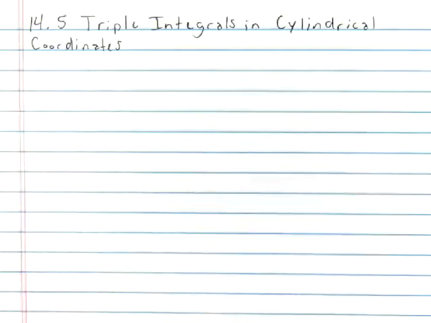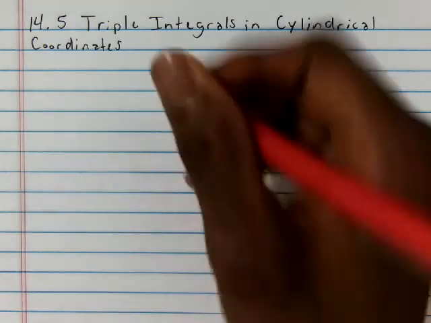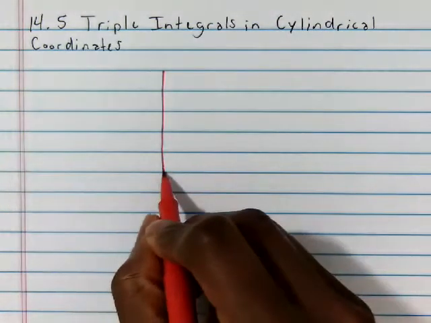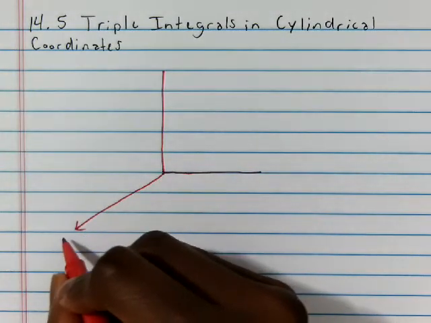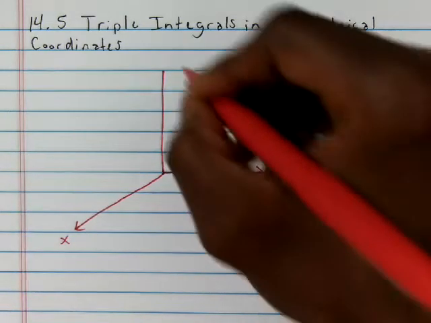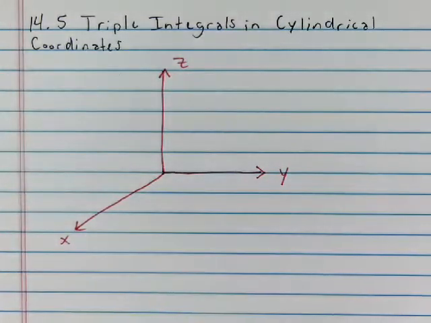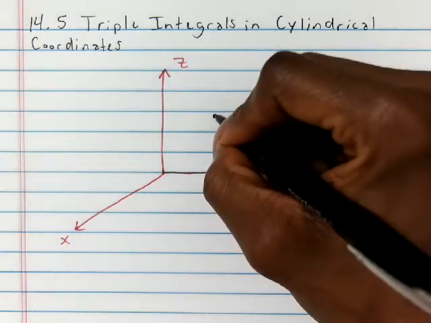So first off, let's just start with a set of coordinate axes to kind of orient ourselves. All right, so say we have some point in 3 dimensions, and we'll put our point right here.